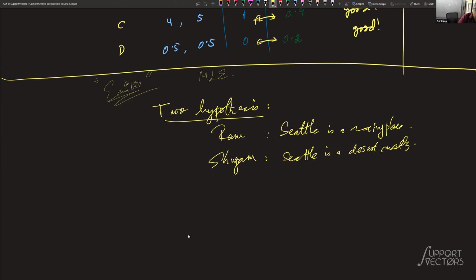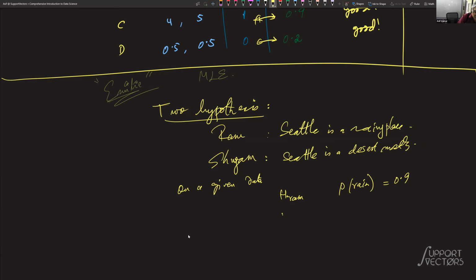So on a given day, the hypothesis of Ram says the probability of rain is, let's take a high number, he believes that Seattle almost every day rains. So let's say there is a 90% chance of rain.